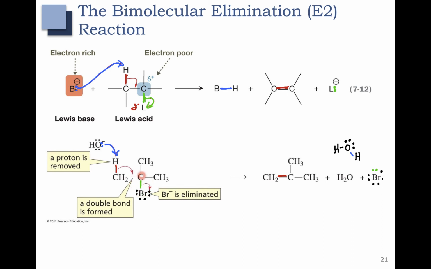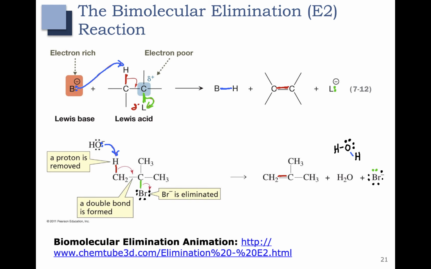So the carbon-bromine bond becomes the green lone pair on the Br minus once it falls off. Notice that we are using a strong base. We are pulling off a nearby hydrogen and forming a new pi bond. Let's look at this animation so we can see what this looks like visually.